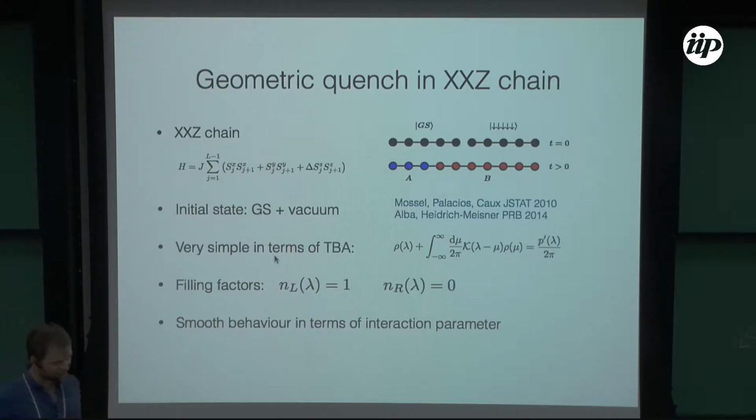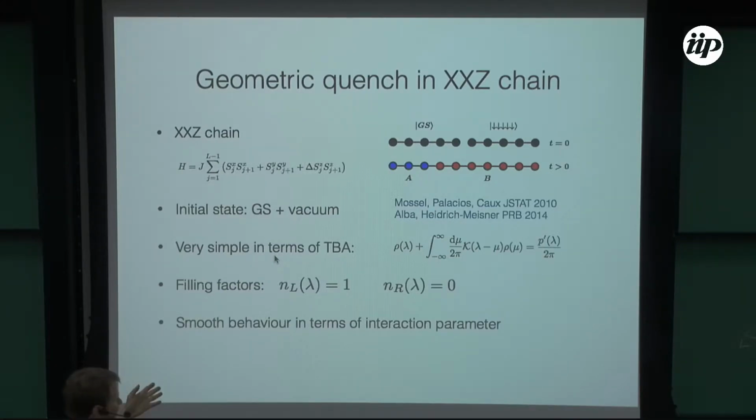The nice thing is that the ground state has a very, very simple description in terms of the thermodynamic Bethe ansatz, since the root density is given by the solution of these integral equations. And essentially, if you think about the filling factors, so the densities of particles divided by the total densities, the structure of the ground state is just a completely filled Fermi sea, if you wish.